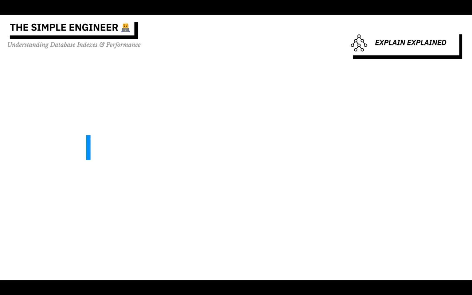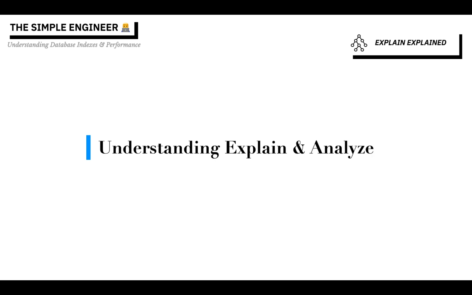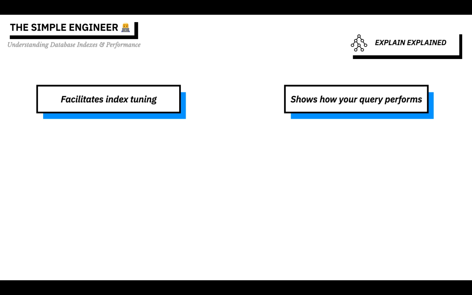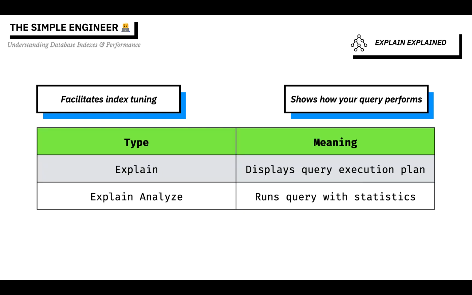Now, speaking of performance, this brings us to this idea of explain and analyze. So in order for us to understand how to performance tune, we need to understand these two ideas. So explain and analyze basically facilitate index tuning, and they show you how your query is going to perform. So explain is going to display the query execution plan, exactly what the RDBMS engine is going to do.